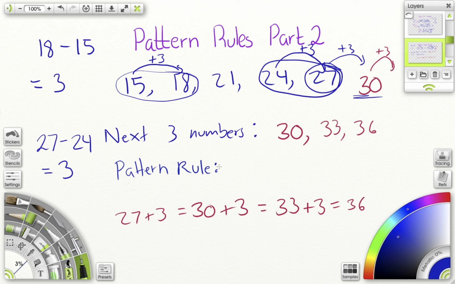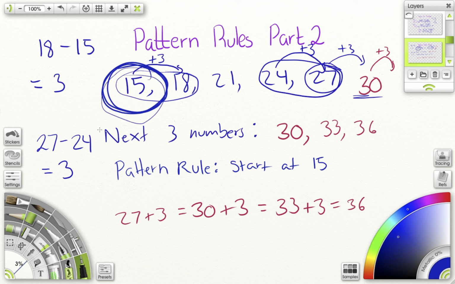The way to answer the question is to first write down what number the pattern started with. So what was the first number in this pattern? The first number is 15. So for the pattern rule, I write: start at 15, because I started at 15 with this pattern.